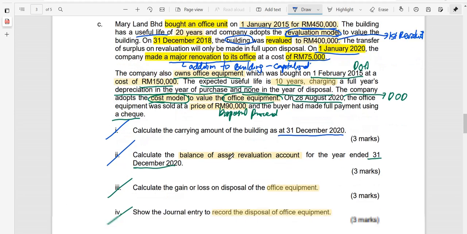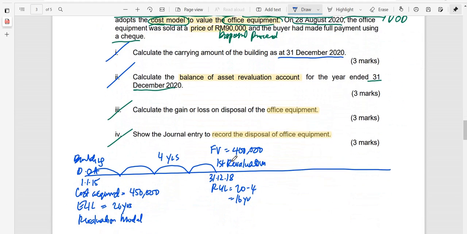Here is 1st of January 2020, after a year, because this is also 31st of December 2019. This is where the renovation happened.